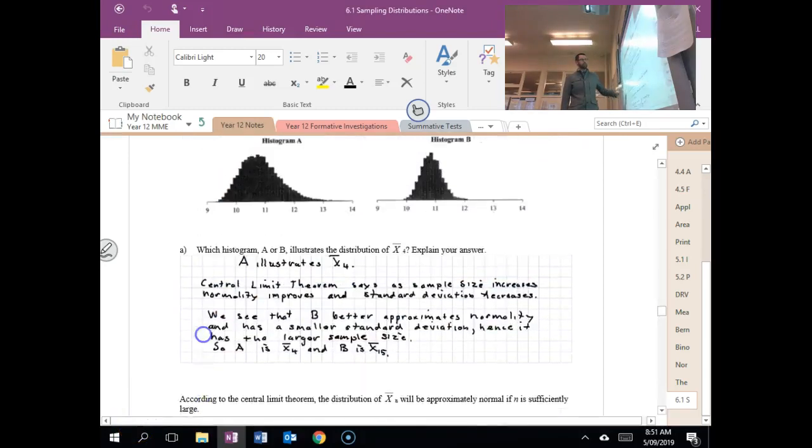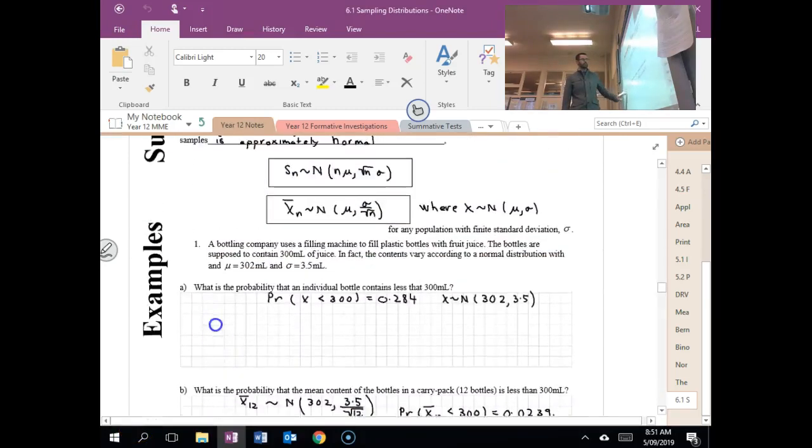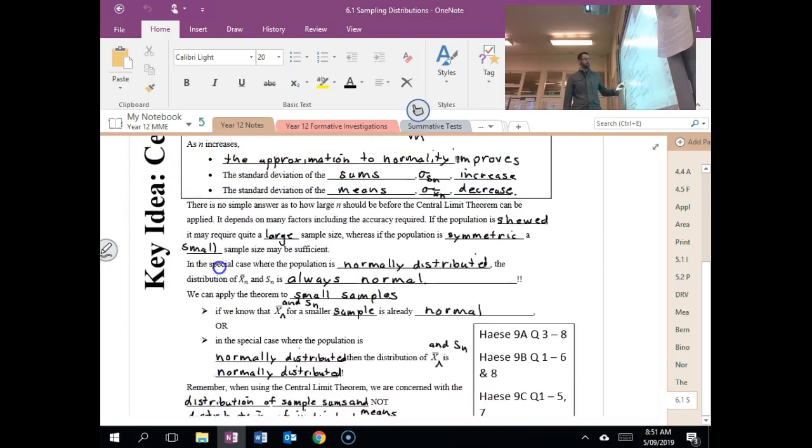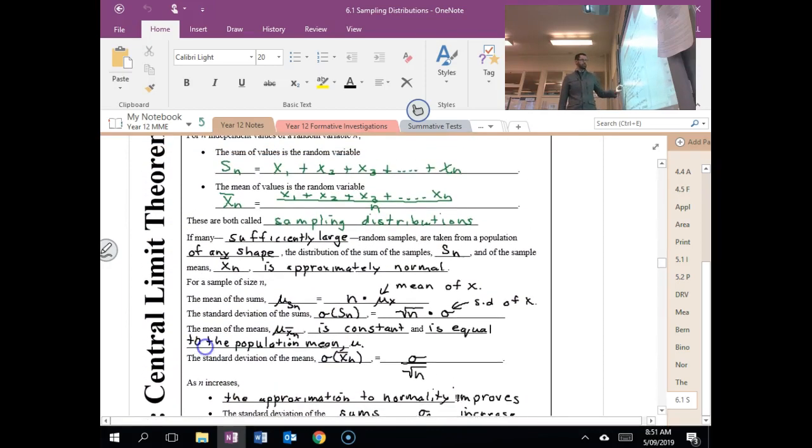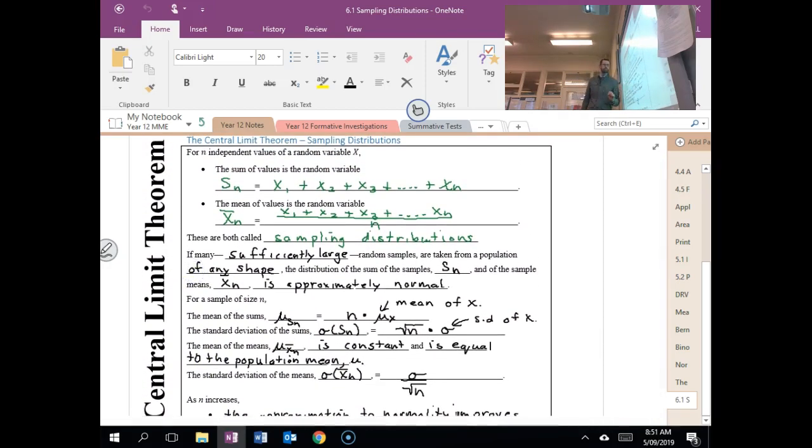So just to remind ourselves, we had what we called the central limit theorem, which had some key statements. It was talking about two sampling distributions, one being the sum and one being the mean. So we get a sample of a certain size, we find the sum of all the values, or we find the mean of all the values.